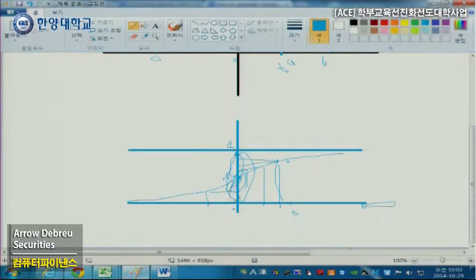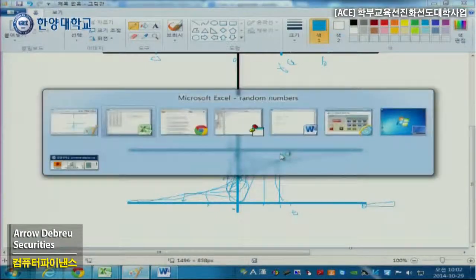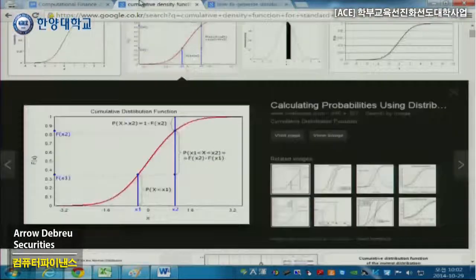If I generate a random number in this area of the uniform distribution, it generates a negative number from the standard normal distribution. Yes, this is the cumulative normal distribution, and I pick a random number between 0 and 1 and find the inverse image. That's the thing.